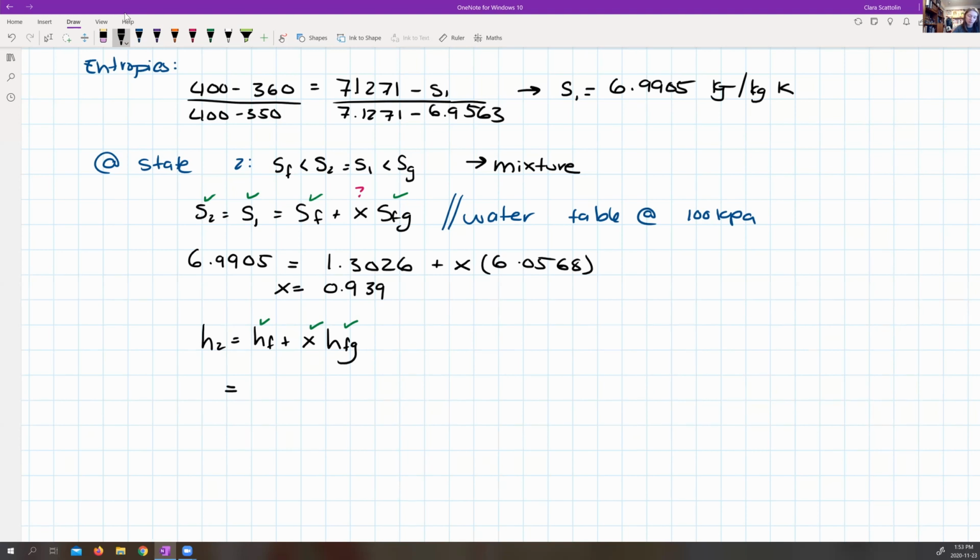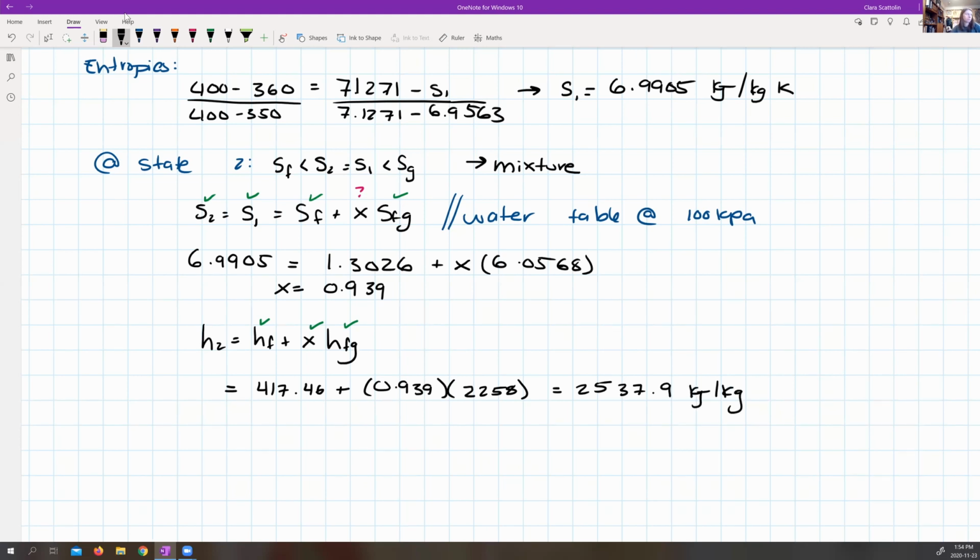HF from the table is 417.46. X was 0.939. And I got a value of HFG of 2,258, which gives me an H2 of 2,537.9 kilojoules per kilogram.